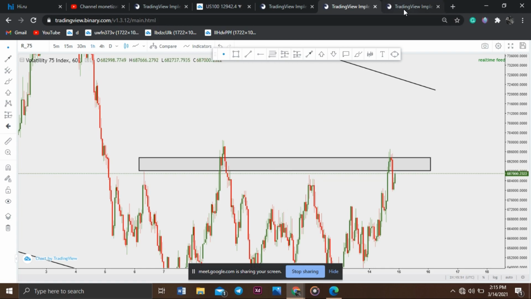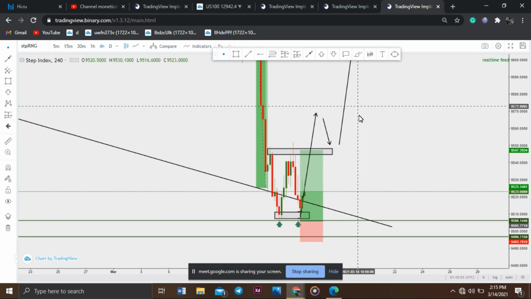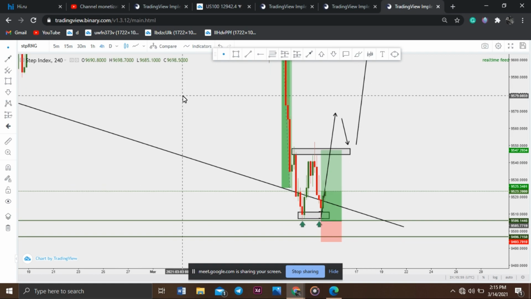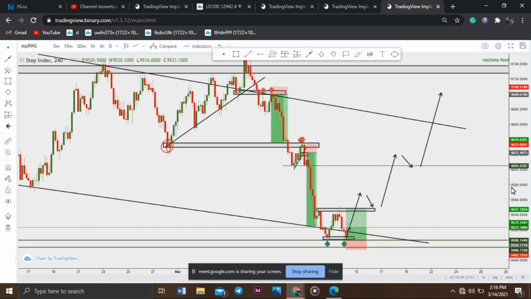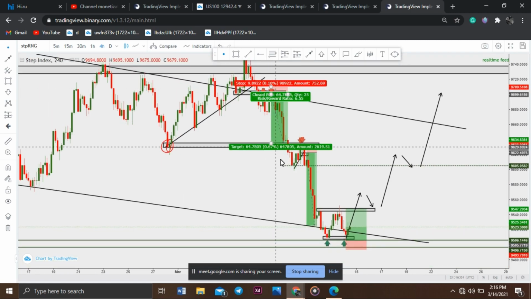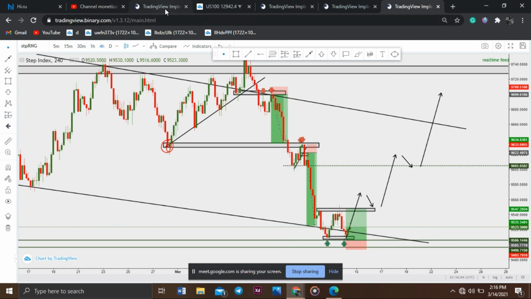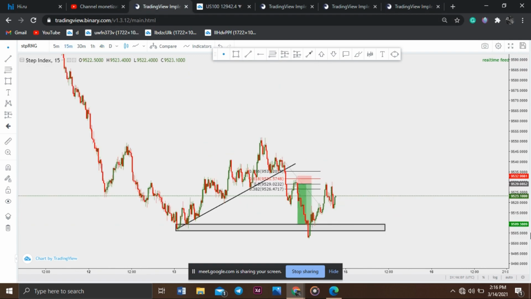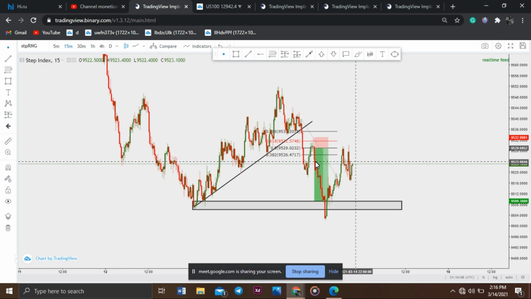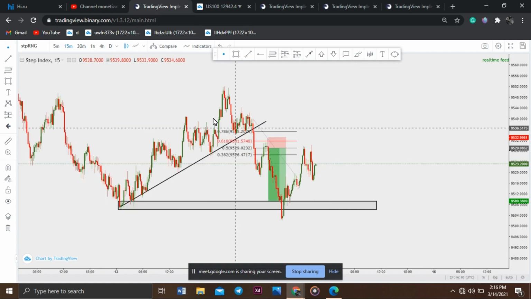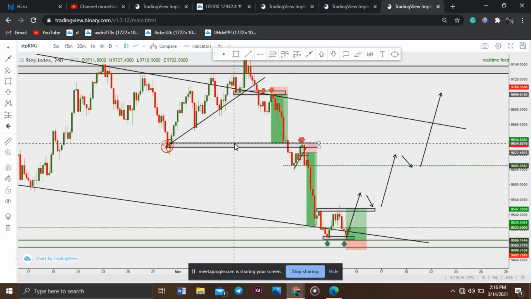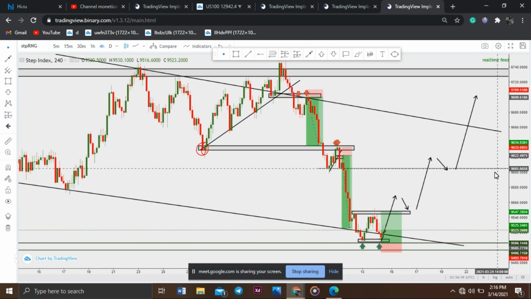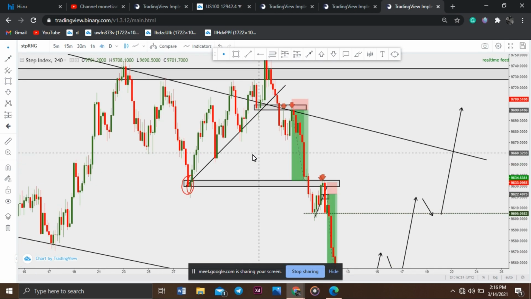And now you can even see the number of opportunities I've shown you guys on step index. We have already discussed these nice trading opportunities you could have utilized on step index, and I've already shown you the opportunity that we just laid out on the lower time frames. The same concept: you can see we have a nice counter trend breaking off, and on the 4 hour time frame too, we can see a nice counter trend.